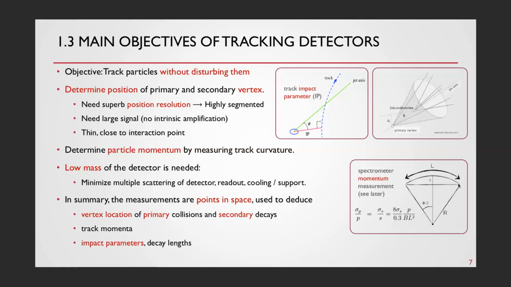Now, you need to measure the curvature radius. You know where the track starts, you know where it ends, and the curvature is given by this little s, which is called the sagitta. Now, the resolution in this measurement, the sigma s, the resolution of the sagitta, we will derive that it immediately determines the momentum resolution.